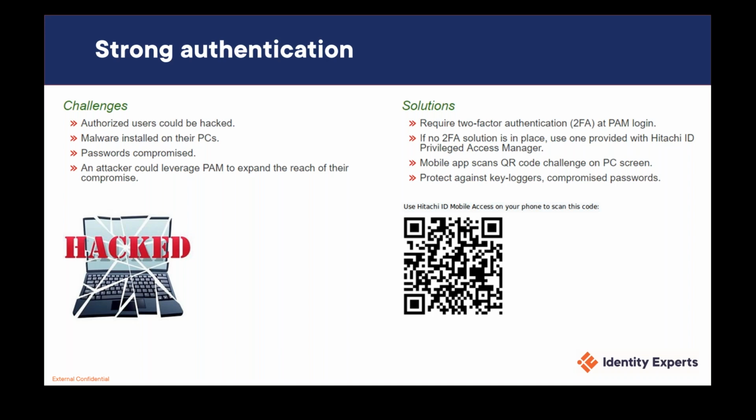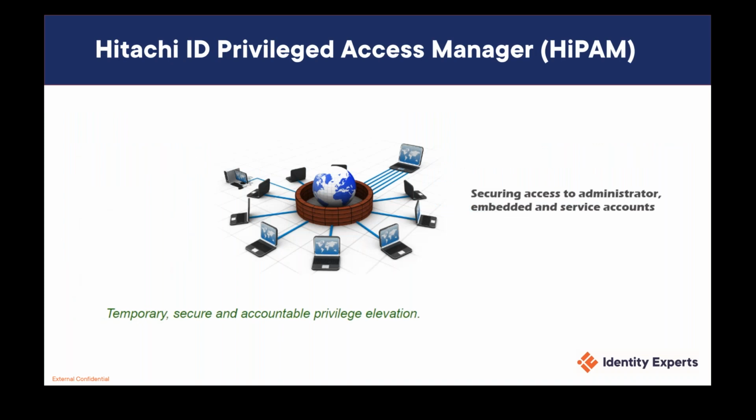That strong authentication needs to be flexible, it needs to be contextual, so you can authenticate different types of users at different times of day from different organizations, depending on where they're coming from, in order to grant them access to privileged credentials. So that's certainly another step in terms of securing your environment in a privileged context.